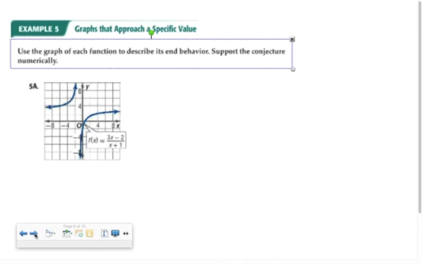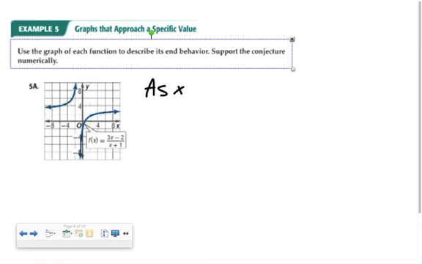Here we're looking at graphs that appear to be flattening out and approach a certain number. And so that gets a little bit more challenging to look at. We might want to use the same kind of table.